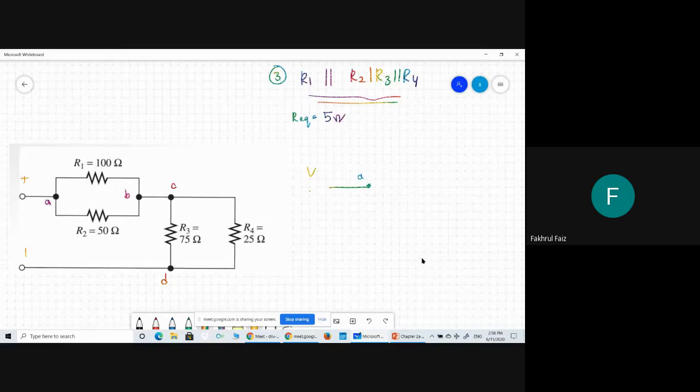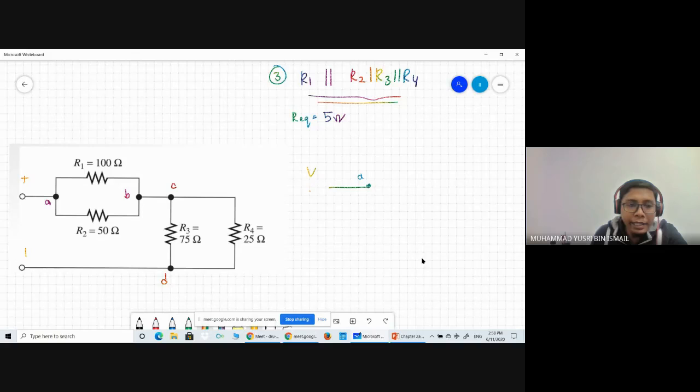Nampak. Okay, so antara node A dan node B ada satu resistance. Then the resistance is actually in parallel. So the parallel circuit consists of R1 and R2.